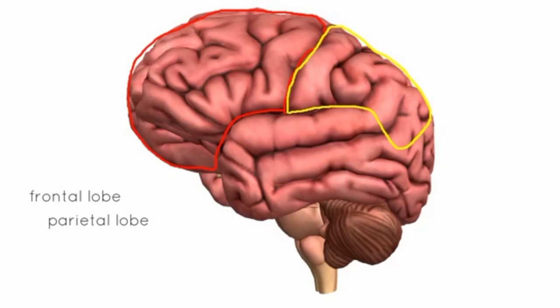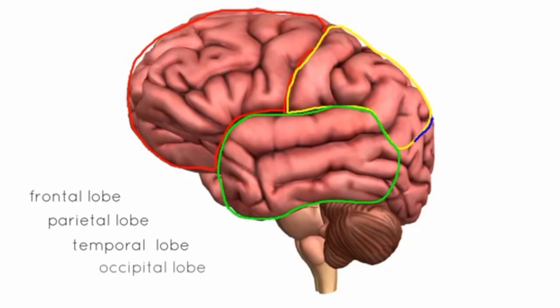And this is called the parietal lobe because it lies under the parietal bone. And inferior to the lateral sulcus, which I'm drawing on in green, we've got the temporal lobe. So I'm just outlining the temporal lobe here, and it runs like that. And right at the back we've got this lobe here called the occipital lobe, which I've just outlined in blue.